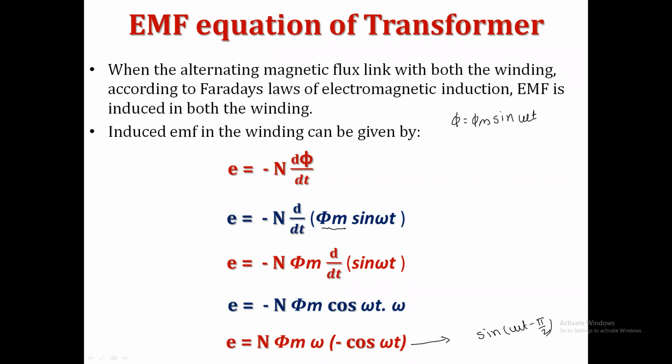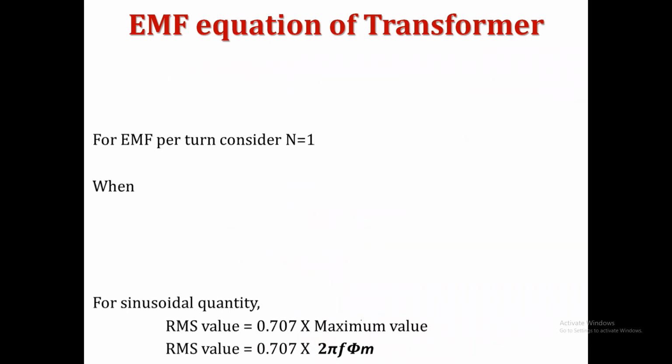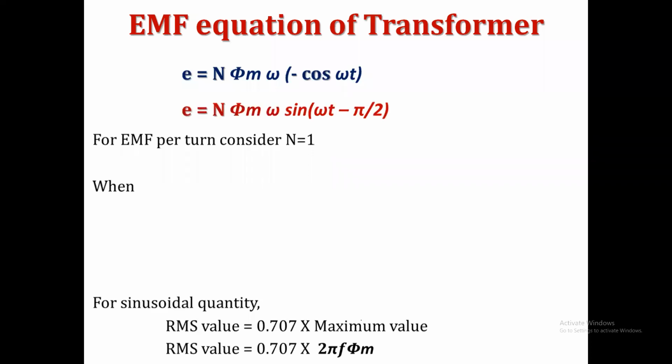So my next equation becomes, now look at this equation: E is equal to N phi m omega in bracket minus cos omega t. Now this minus cos omega t I will replace in terms of sine, so E is equal to N phi m omega sine omega t minus pi by 2. This is a very important equation.